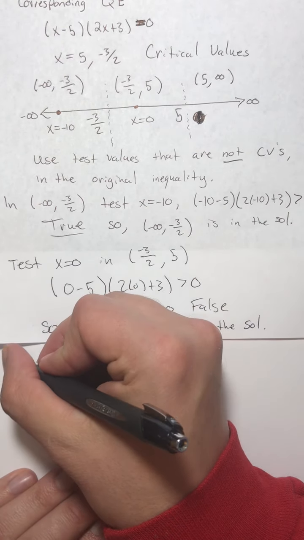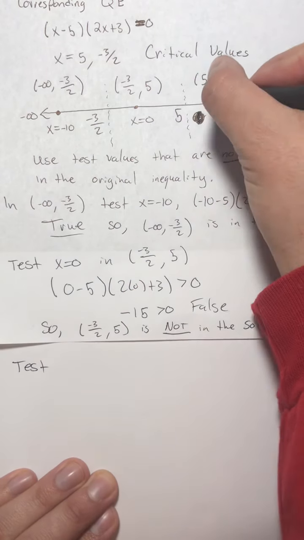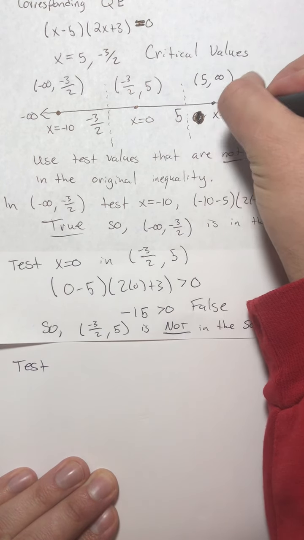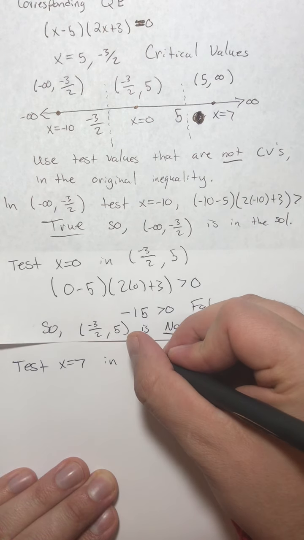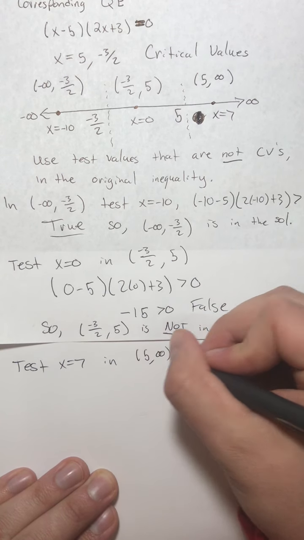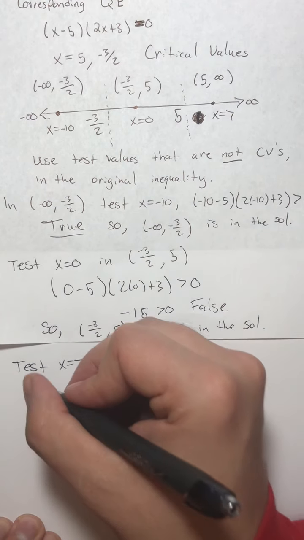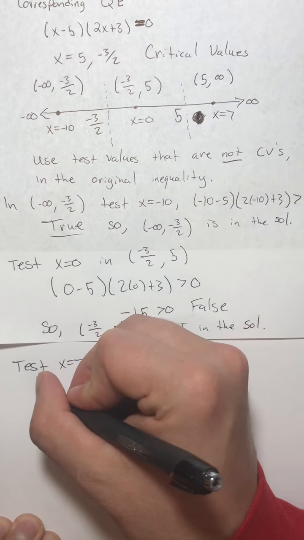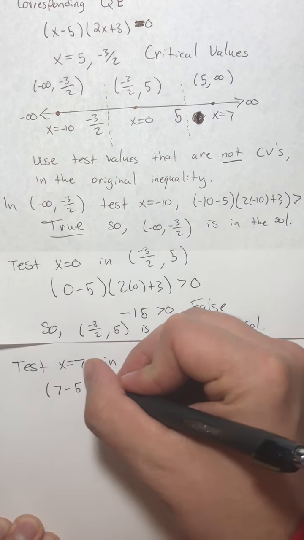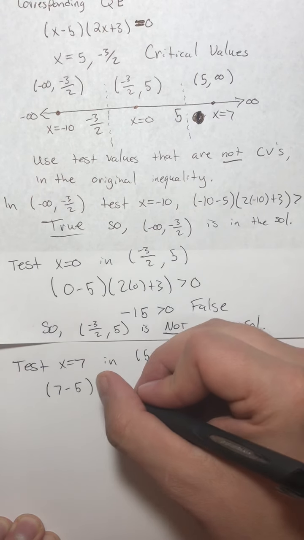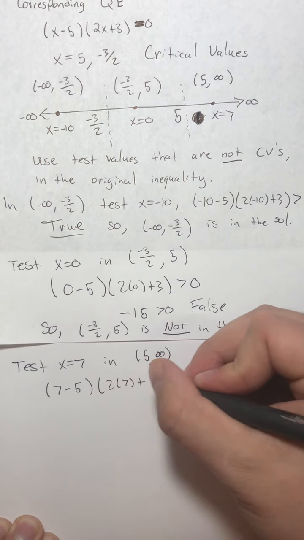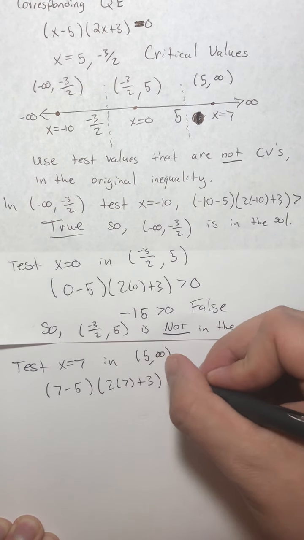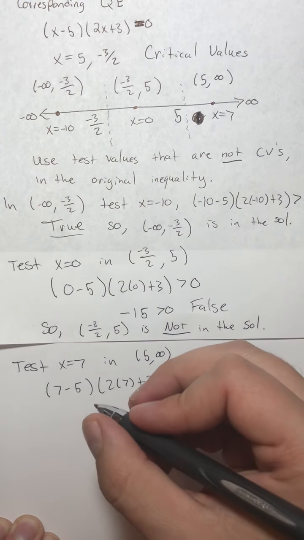One more interval to test. So maybe I test x equals 7. And this is for the interval 5 to infinity. So I'm going to substitute 7 back into the original inequality and see if we get a true statement.